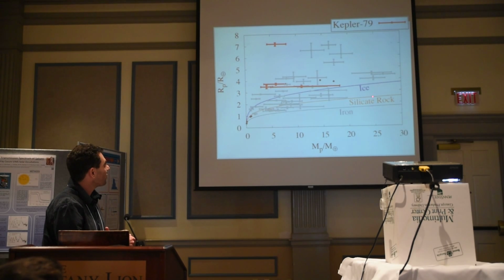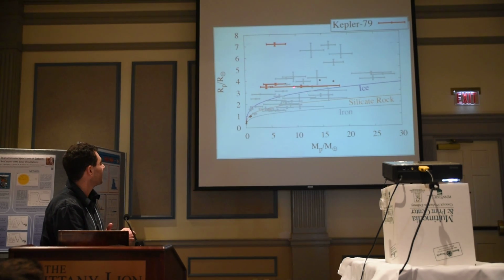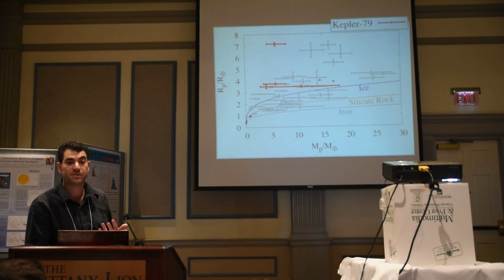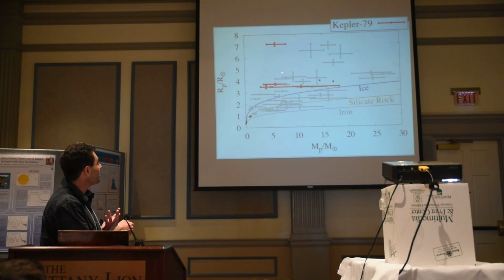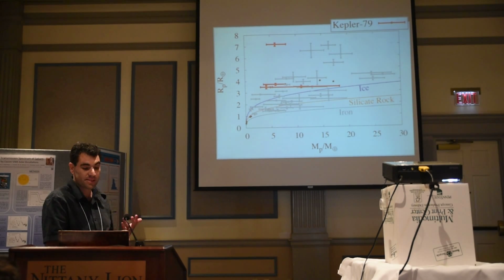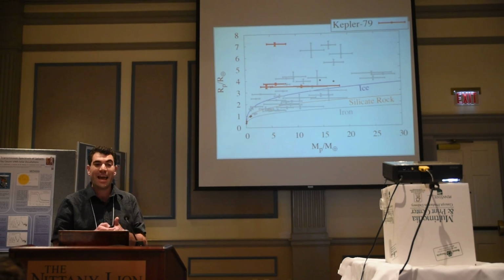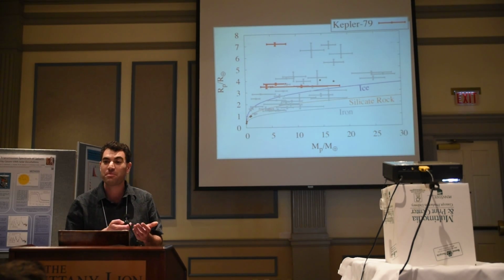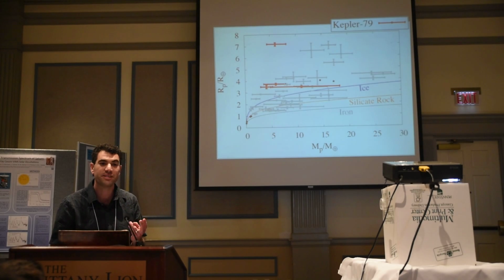These are compared to models of iron, silicate rock, and ice. And so all the planets above the ice curve must have deep atmospheres. This one, Kepler 79d, at 6 Earth masses and 7 Earth radii, it's not an outlier or a mistake. It's a very robust mass determination, and I'll give you 2 reasons.